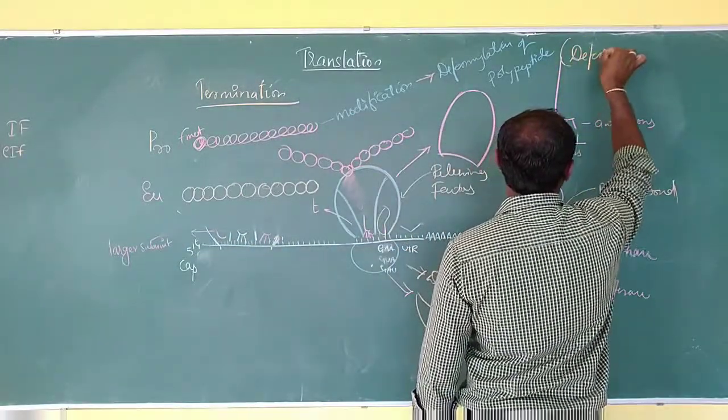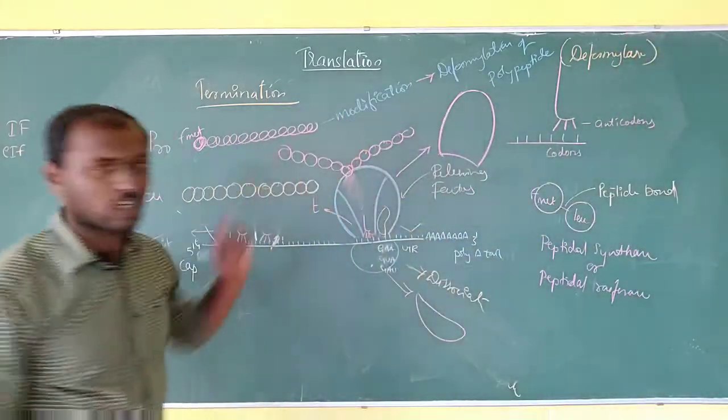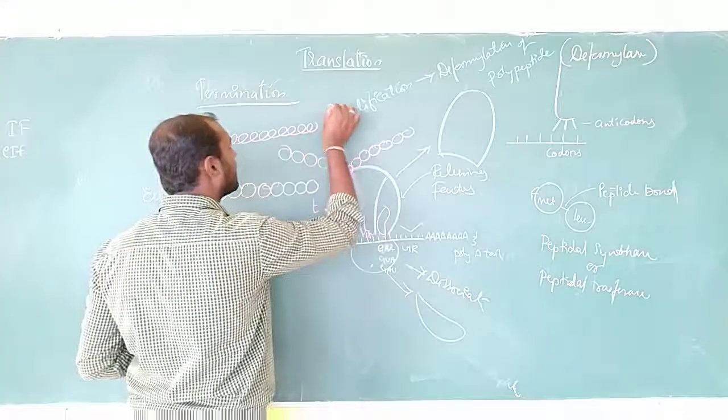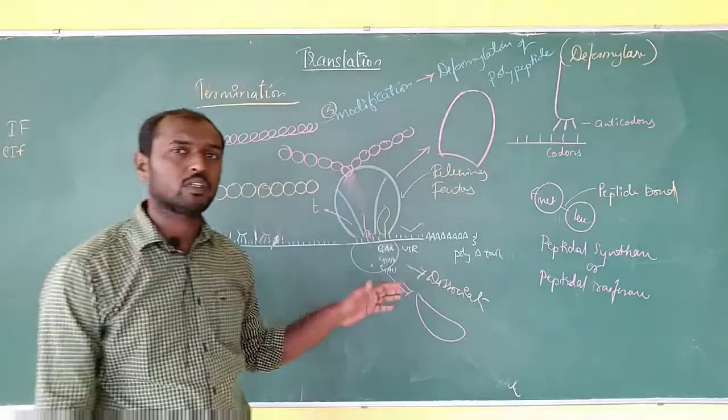Deformylase carries out the modification. That is the fifth step in the case of prokaryotes.